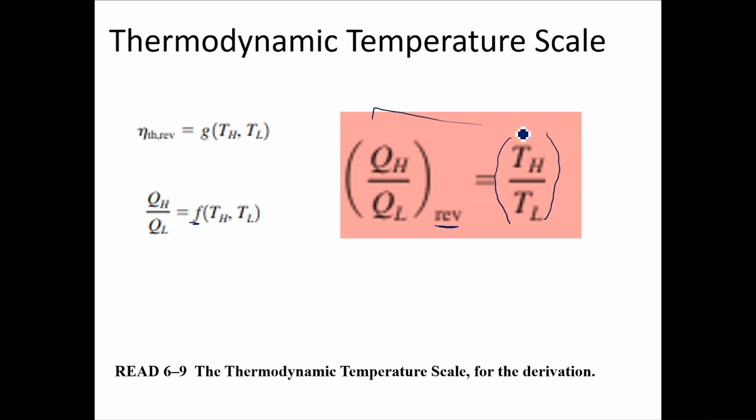This is a very important aspect for the efficiency determination of a Carnot engine. So for a reversible heat engine, the ratio of QH to QL is equal to the ratio of the temperatures of the reservoirs with which QH and QL are interacting.